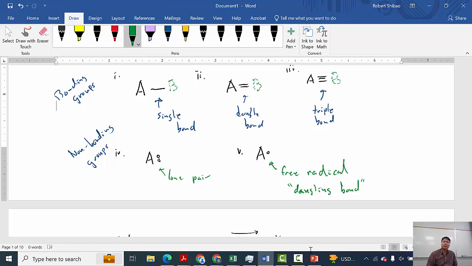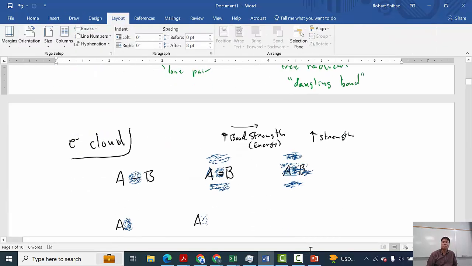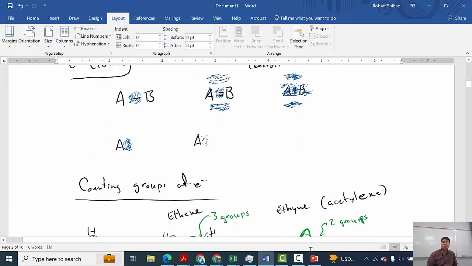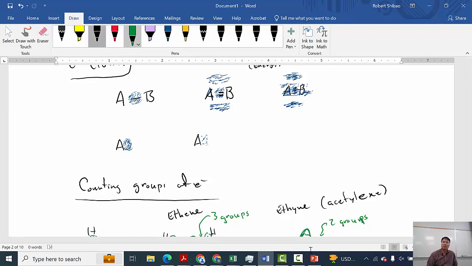So it would go like this. 5 would be kind of comparable to 1 or 2, around 1 to 2. 4 would be about 2 to 3. And so 2, 3, and 4 are about the same. 5 is probably between 1 and 2, something like that, as far as electron cloud density goes.